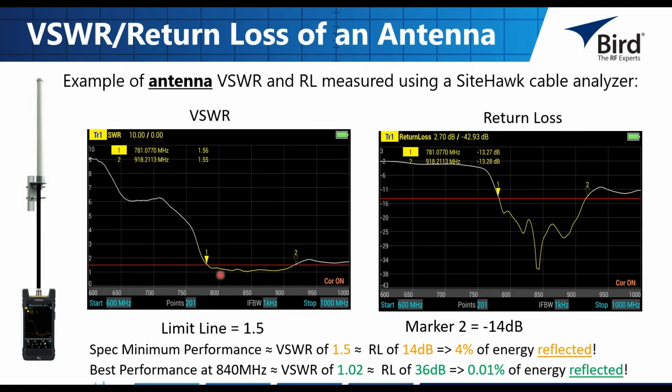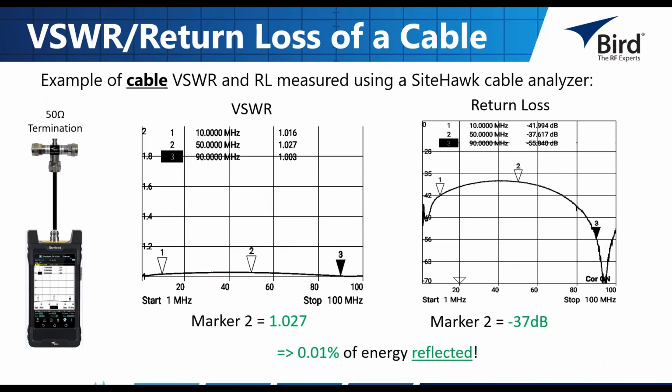So that'd be points like here and here around that 840 mark. Now, in terms of a cable, if I'm sweeping over, this was a cable I actually tested at my desk, just a short run. We can see, looking over 10 to 100 megahertz, or 1 to 100 megahertz, again very, very low VSWR, very, very low return loss values.